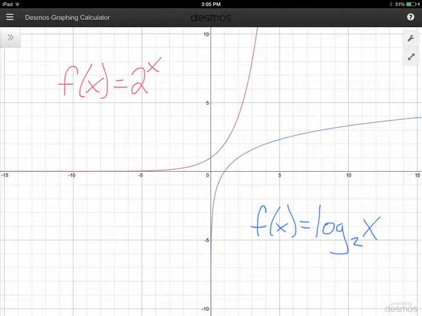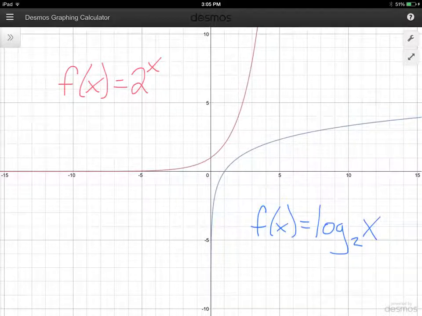So for the purposes of the graphs, I'm going to use log base 2. And you usually don't use log base 2. It's usually log base 10. You can use log base 2, but it's just kind of standard to use log base 10 or log base e, which is a natural log, and we'll get to that later.